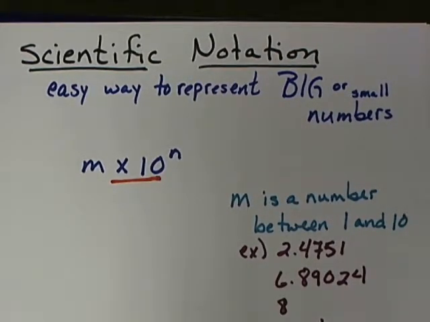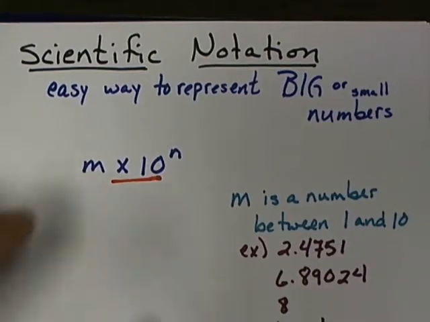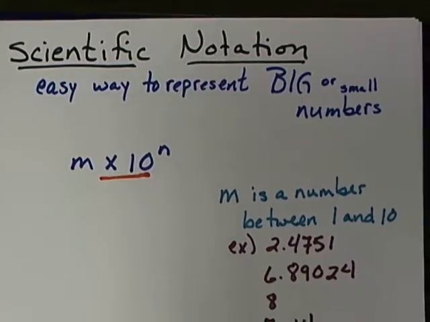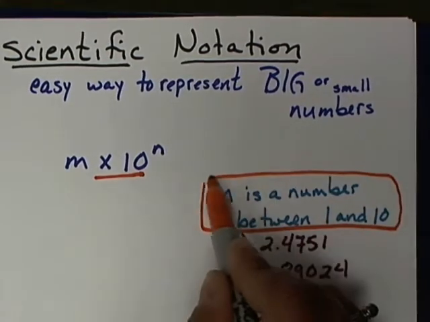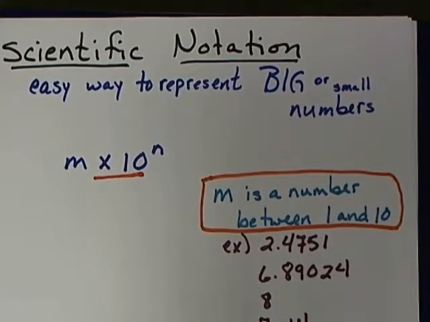Now, what can I say about m and n? M is always a number between 1 and 10. It includes 1, but it does not include 10.